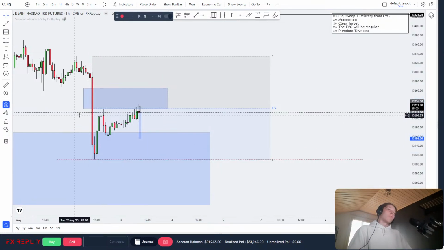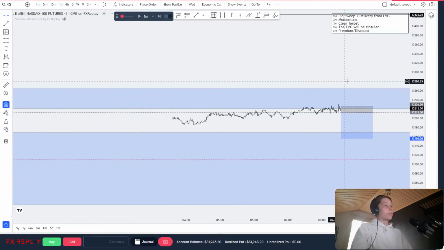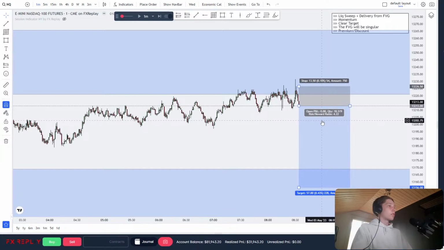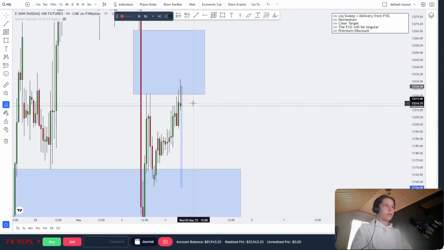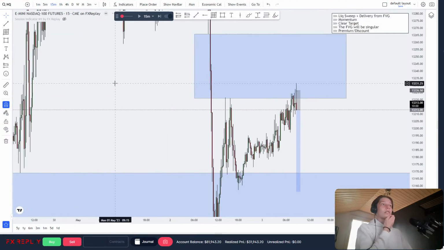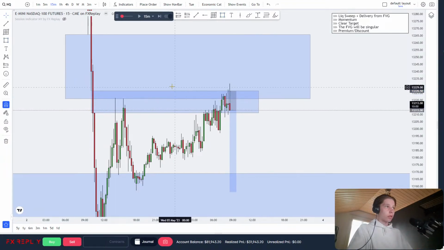But you know, equilibrium tapped. I still don't know if this is just good enough. How does the M15 look in here? So we are technically delivering away from this. Swept some liquidity.